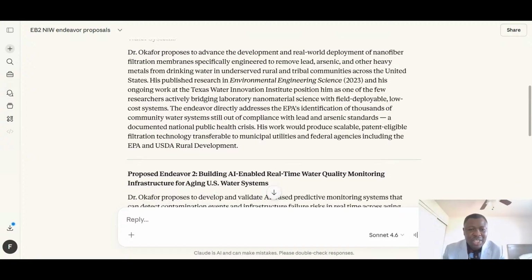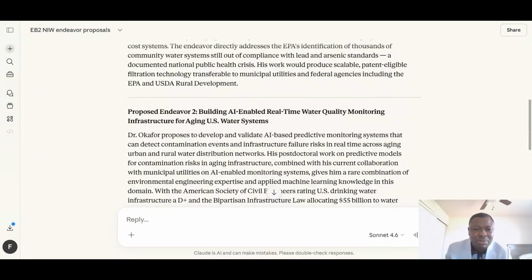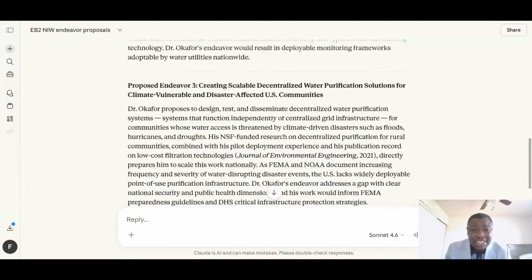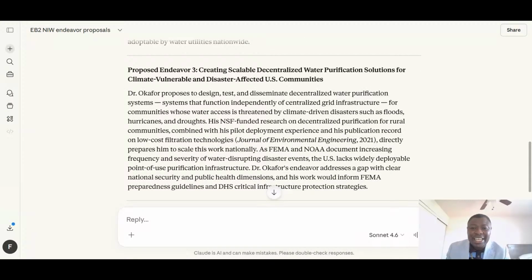For example, the second proposed endeavor: building AI-enabled real-time water quality monitoring infrastructure for aging US water systems. You see how specific the proposed endeavor is. Now, the third one: creating scalable, decentralized water purification solutions for climate-vulnerable and disaster-affected US communities. So you can see how specific these proposed endeavors are.